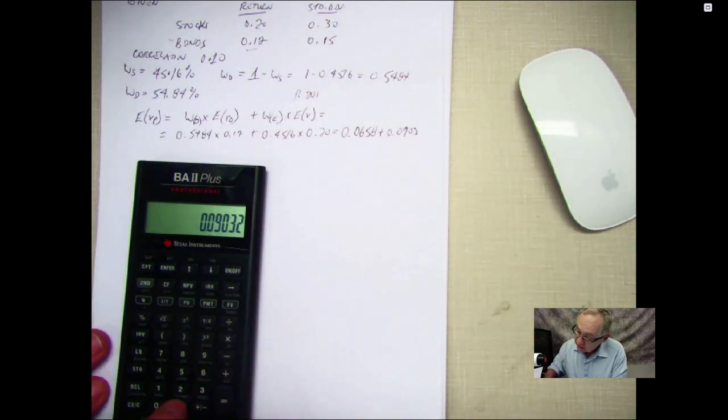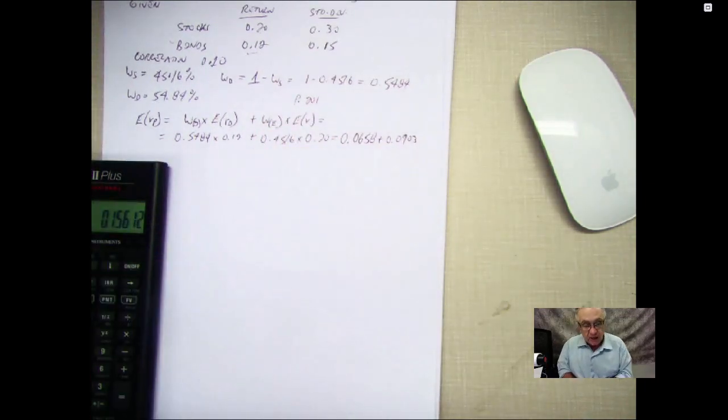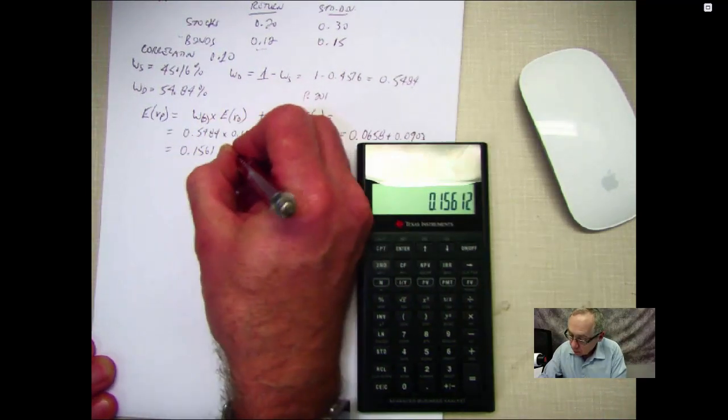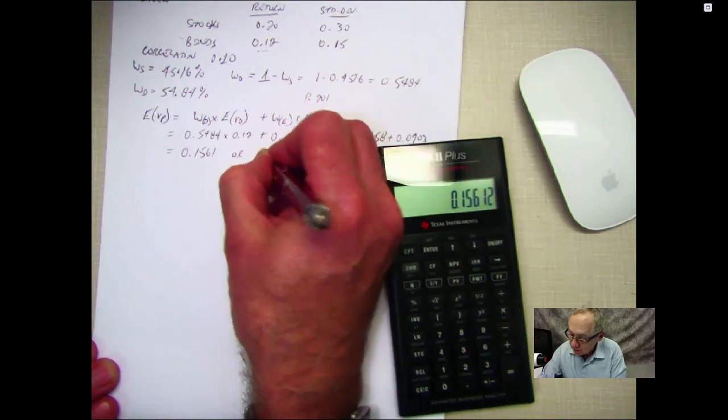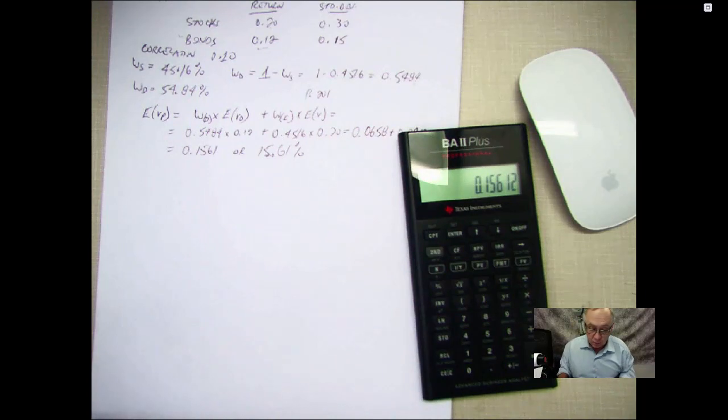Coming back, adding to that 0.0658, our expected return is 0.1561, or 15.61% return on a blended portfolio.